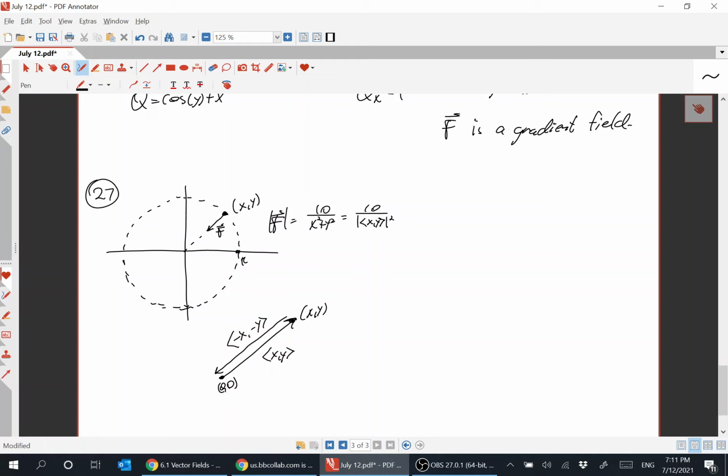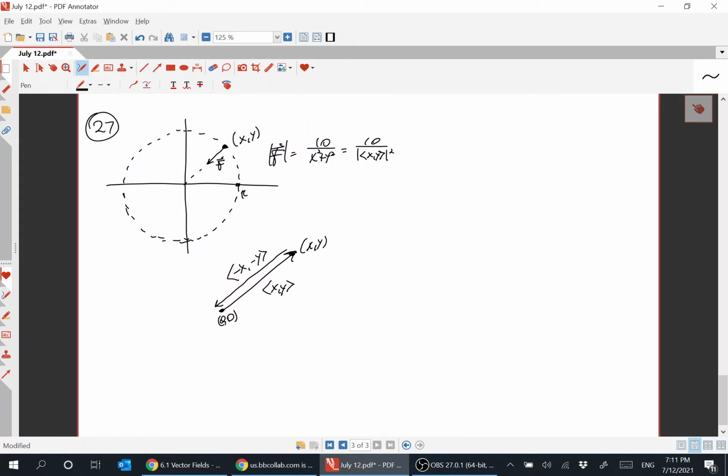Which is the vector that points that way but has unit length, length 1? So I want the vector that points this way but has length 1.